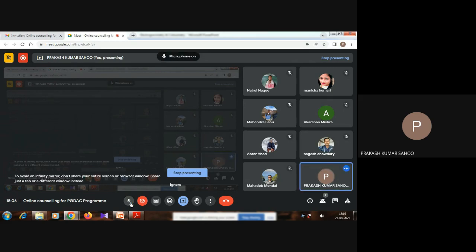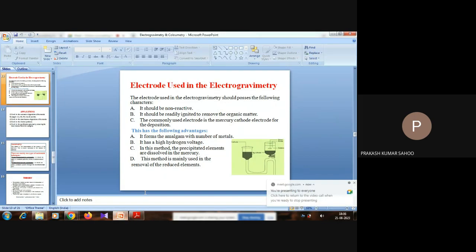The electrode must be inert, and second, it should be readily ignited to remove organic matter. The commonly used electrode is the mercury cathode electrode for the deposition. So these are the primary characteristics of the electrode used in electrogravimetry.